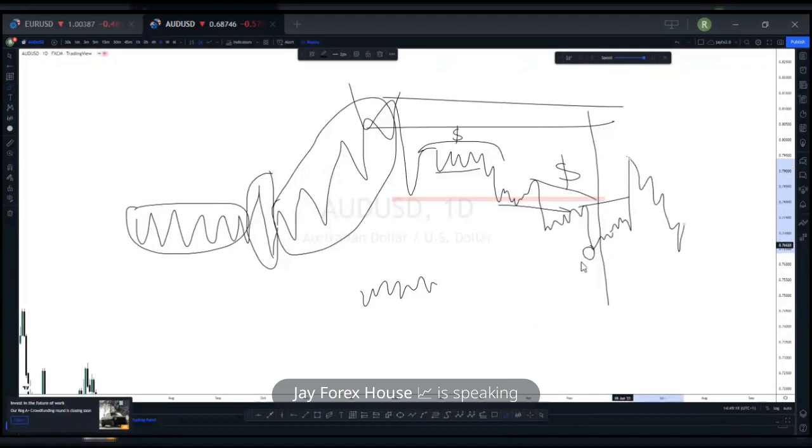I won't trust this low to hold, because I understand that London is the manipulation phase, even if I see liquidity being built over here. London is like the destroying phase, where price manipulates both the highs and the lows. So you could likely see something like this, and this now becomes a liquidity hunt.